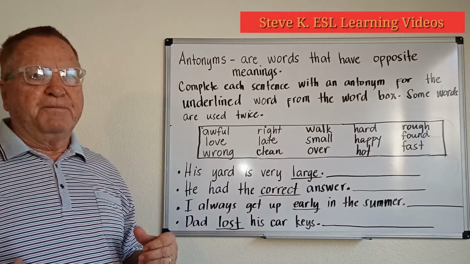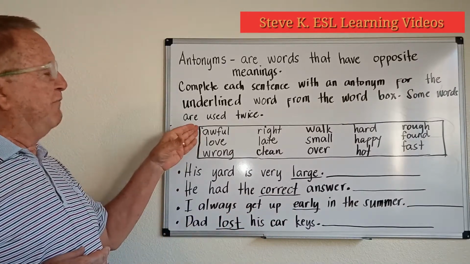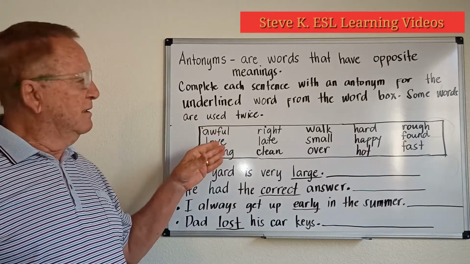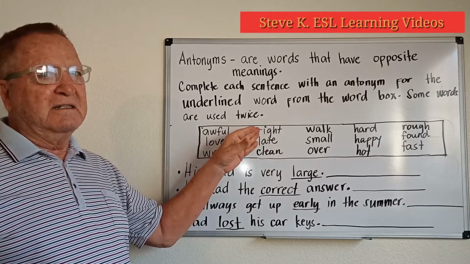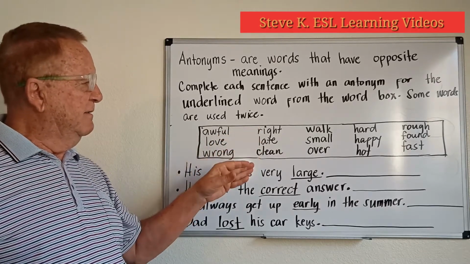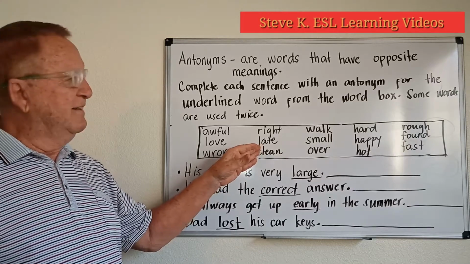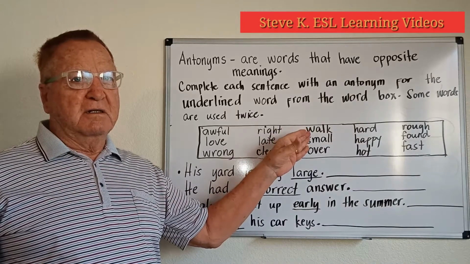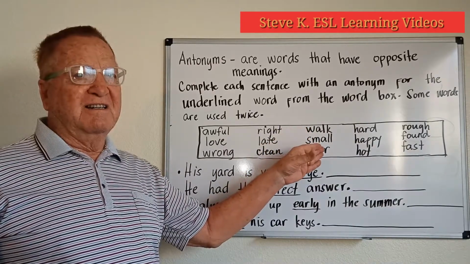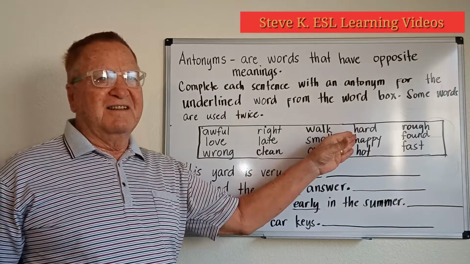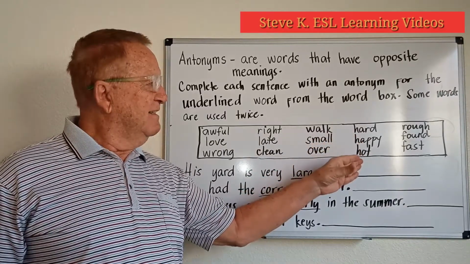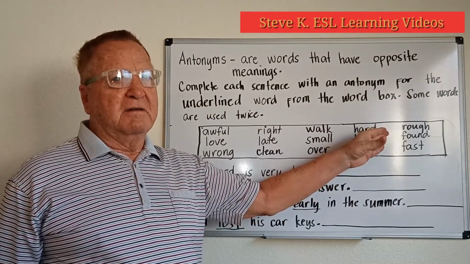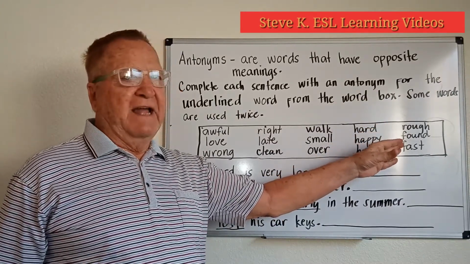used 2 times. Okay, so the words are awful, love, wrong, right, late, clean, walk, small, over, hard, happy, hot, rough, found, and fast.